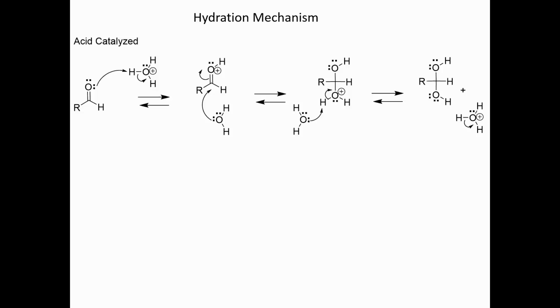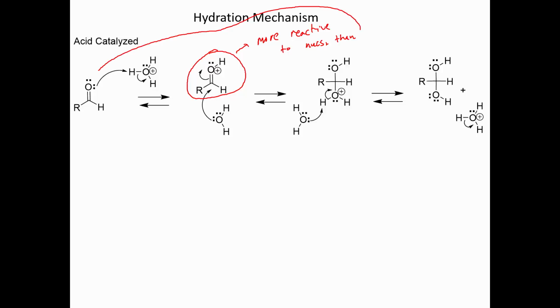All right, so here is the acid catalyzed mechanism. We're protonating the carbonyl group like so, and this gives us the protonated carbonyl group. And this is more reactive to nucleophiles than is this.